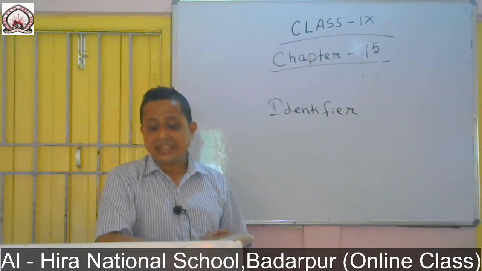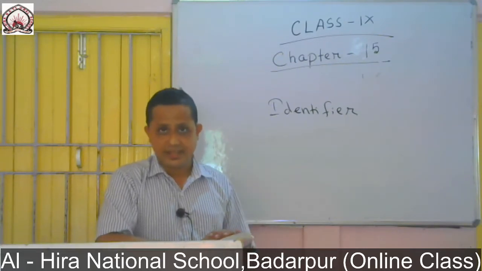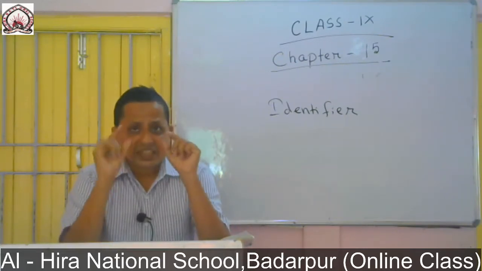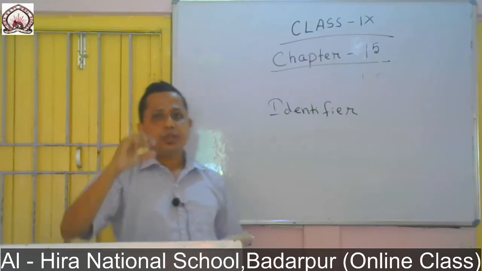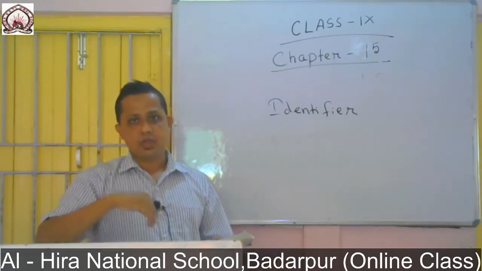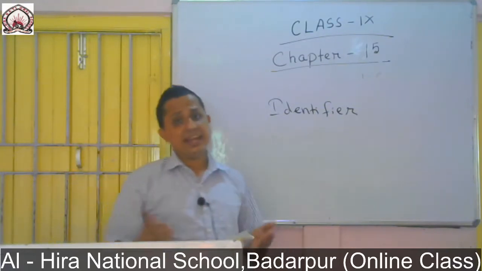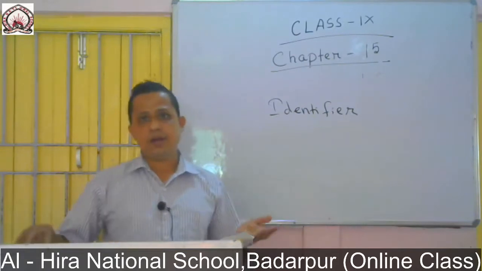Next, characters other than the first can be a letter, underscore or digit. Now the first character in naming an identifier should be a letter or underscore. Beside this, we can have letters, numbers, digits, anything.